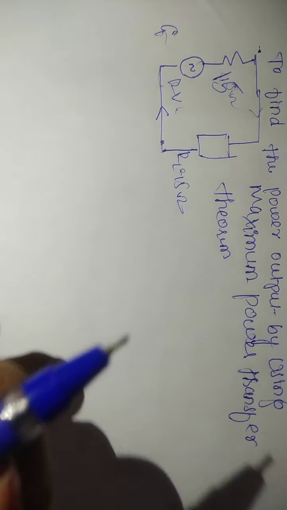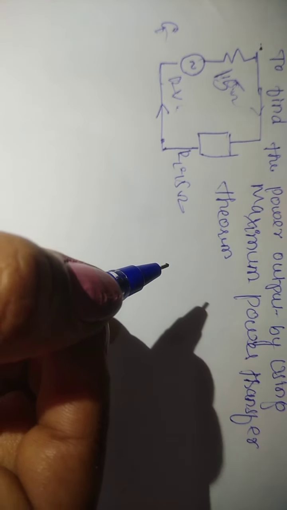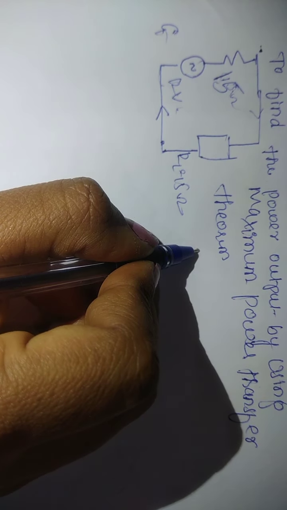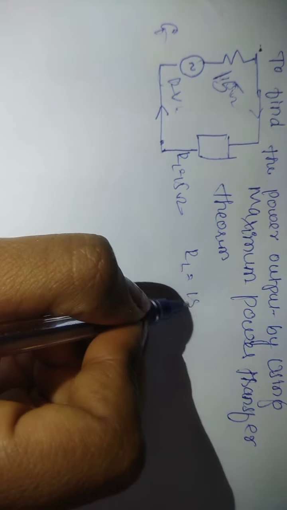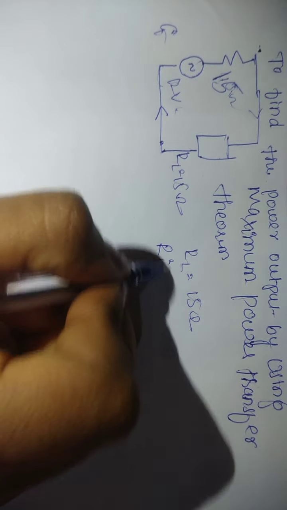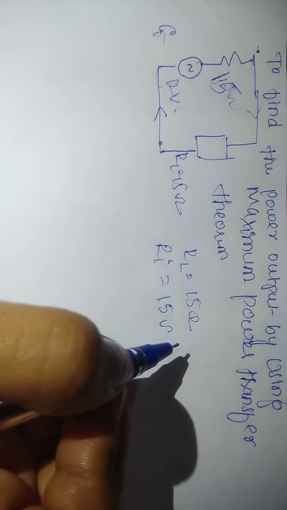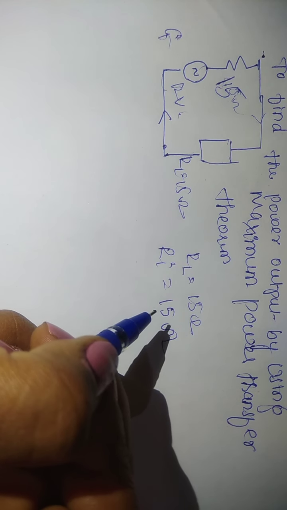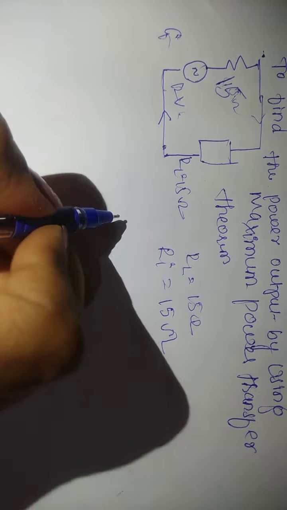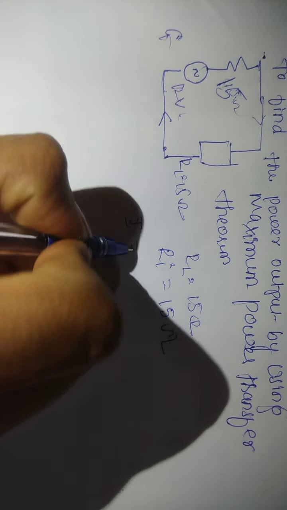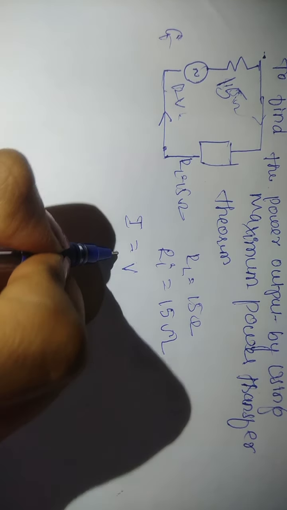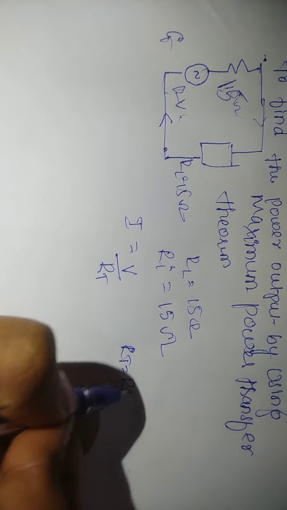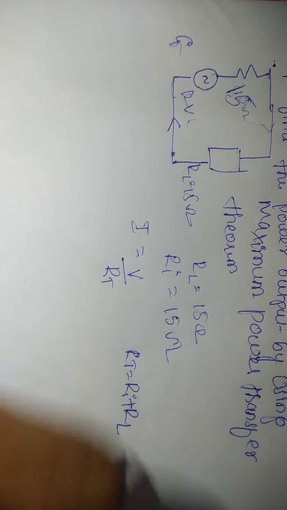The circuit current I equals V divided by RT, where RT equals RI plus RL.